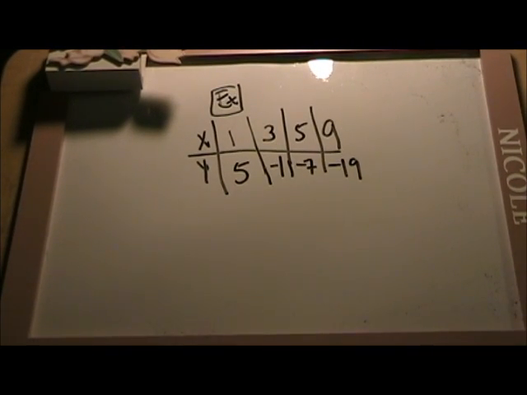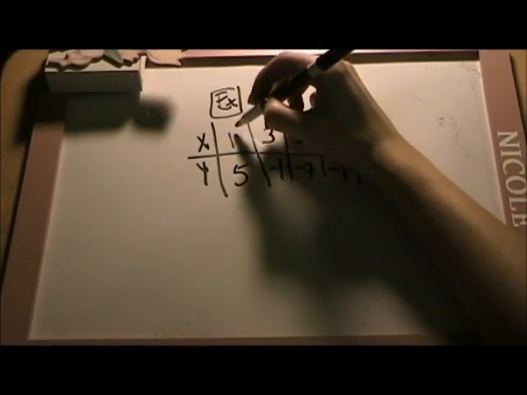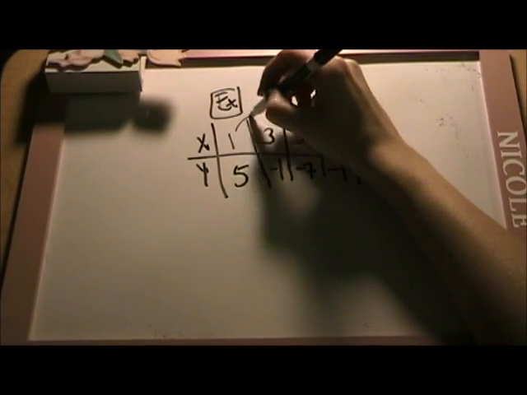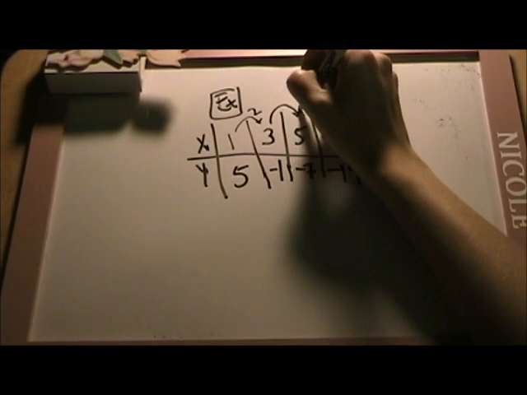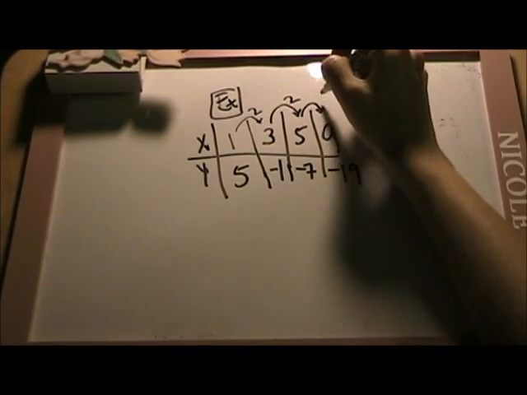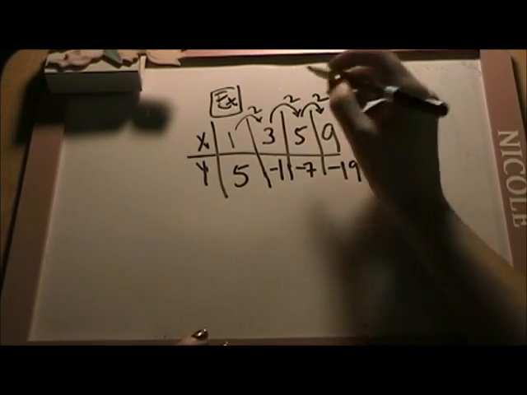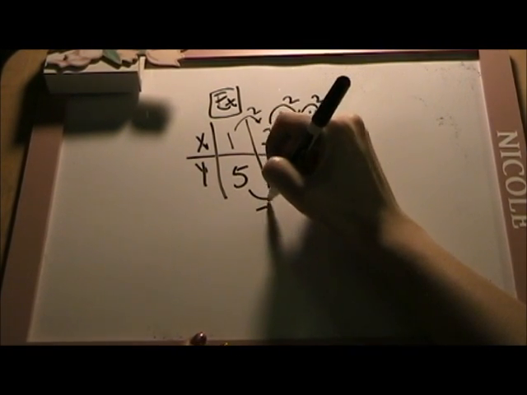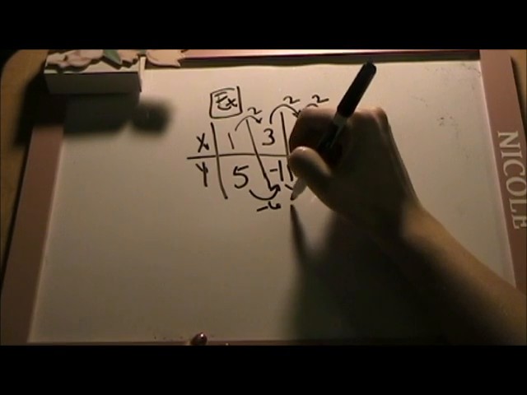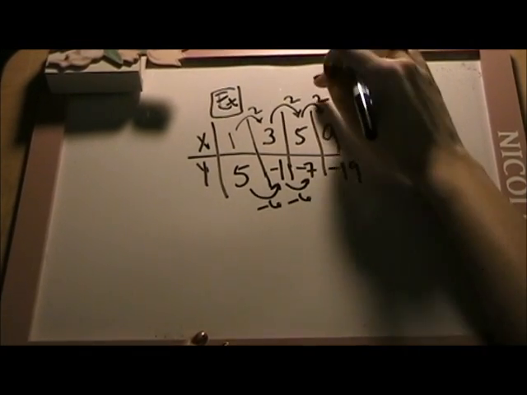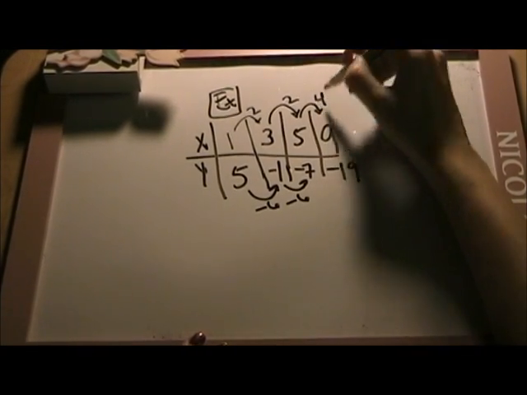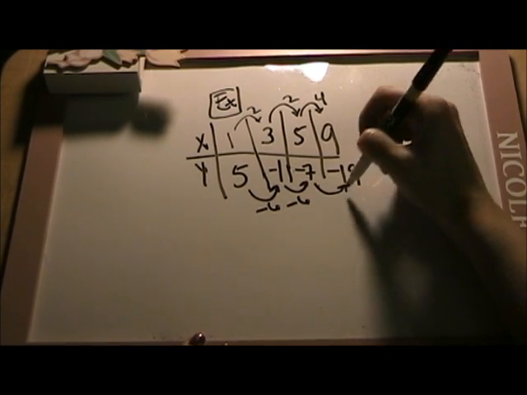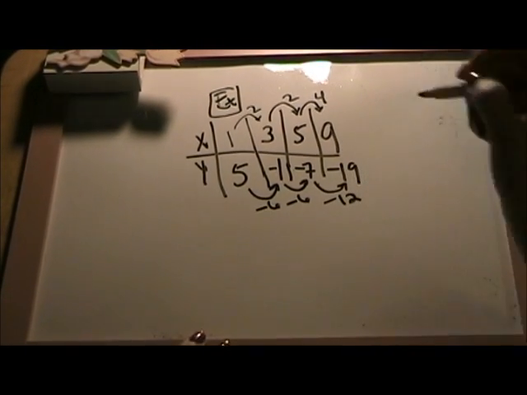Okay. We want to look at the slope for each of these. So the difference from 1 to 3, 2. From 3 to 5, 2. From 5 to 9, 2. 5 to -1 is -6. -1 to -7, -6. Oops, that would be 4. And -7 to -19 would be -12.